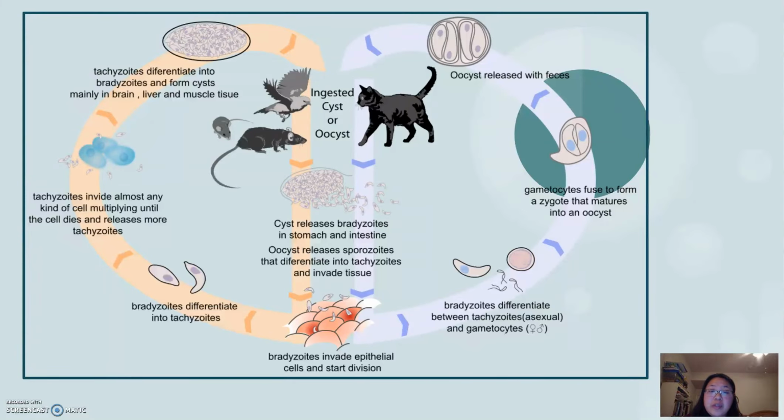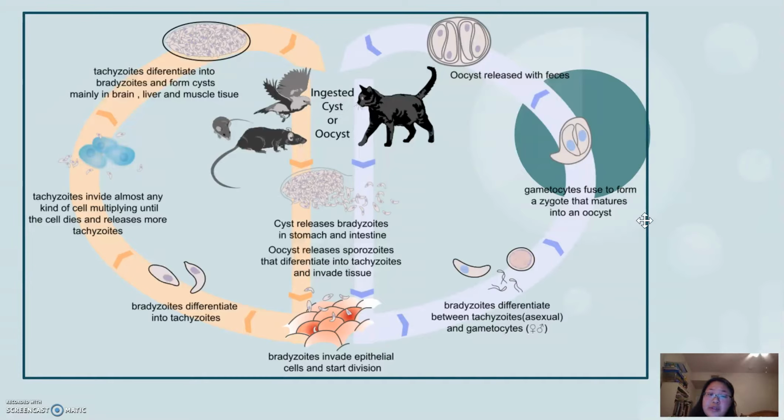So the intermediate hosts will be the birds, the mice, the rats, and from here we can see that the first part of the Toxoplasma gondii's life cycle consists of a lot of cysts. And so really, bradyzoites, the slow growing phase of Toxoplasma gondii, are going to infect the organism and invade epithelial cells, and they're going to start division.